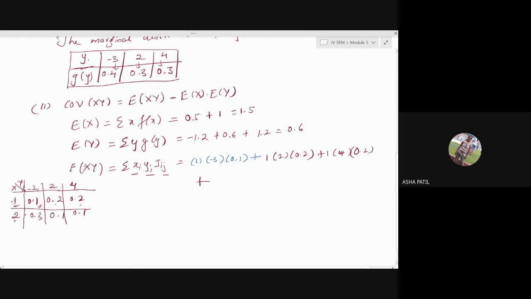Plus, now we'll go to the second value of x and combine with each of the values of y. 2 into minus 3, the corresponding probability. When x is 2, y is minus 3, its corresponding probability is 0.3. Then plus again.